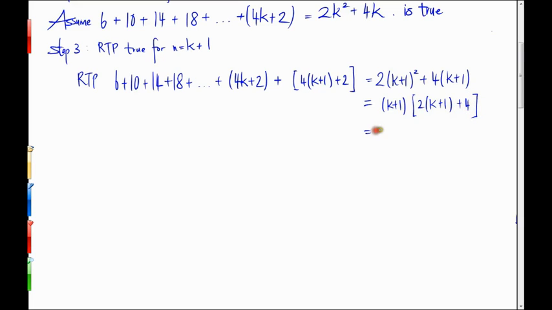Or in other words, that is k plus 1, and that is 2k plus 2 plus 4, which is 2k plus 6. Or finally, that's just 2 outside of k plus 1, k plus 3. So I've just cleaned up the right hand side.